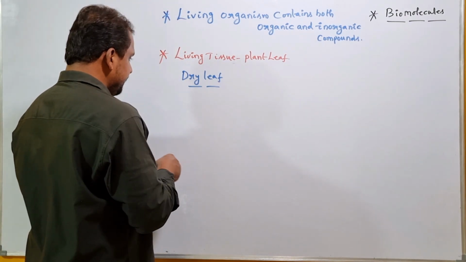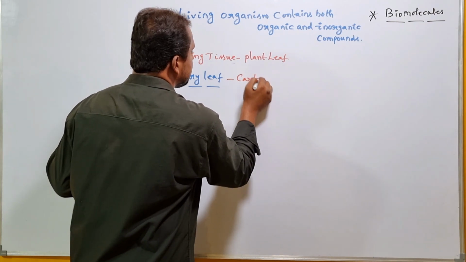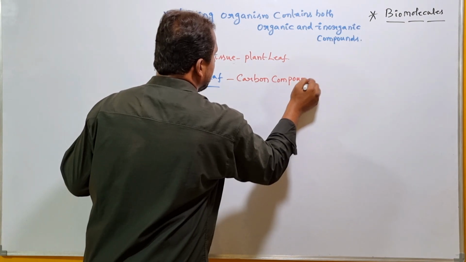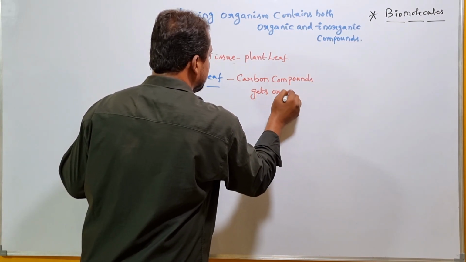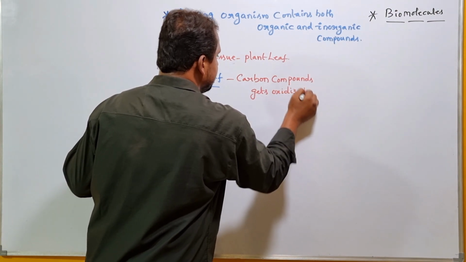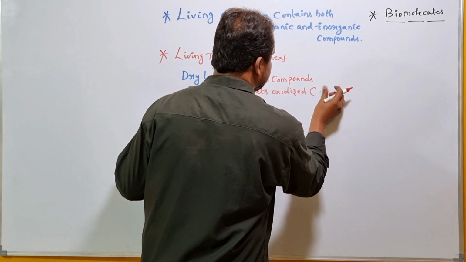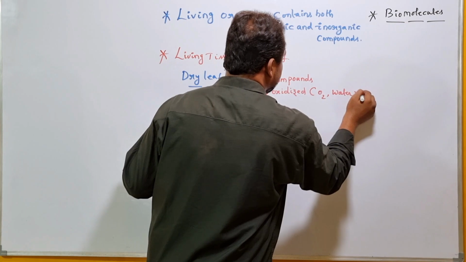So let me write it here. Carbon compounds get oxidized in the form of carbon dioxide as well as water vapor.